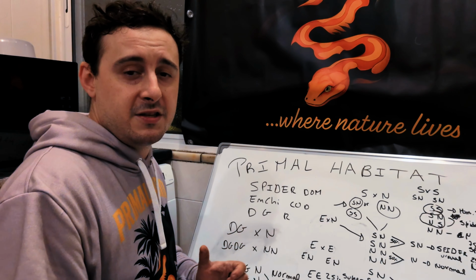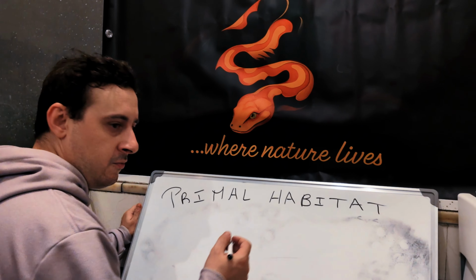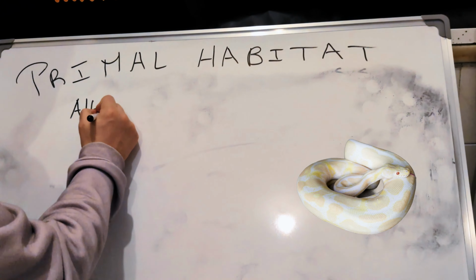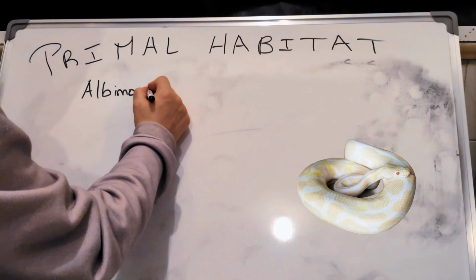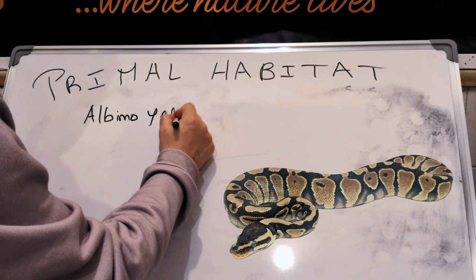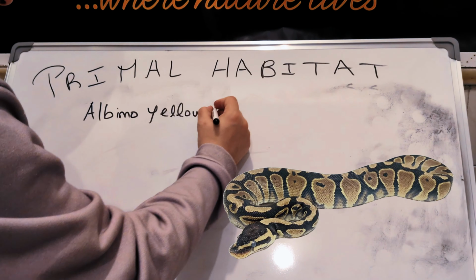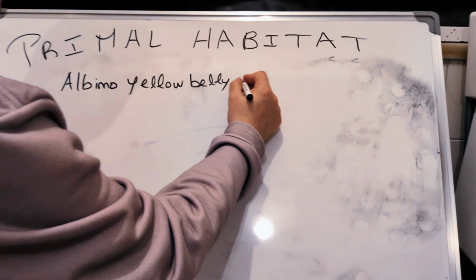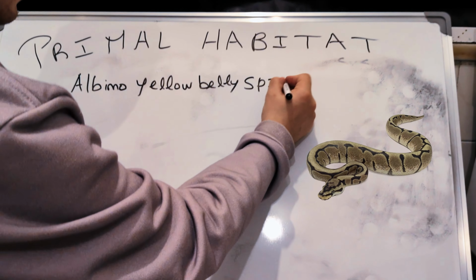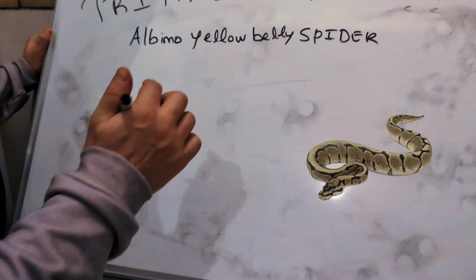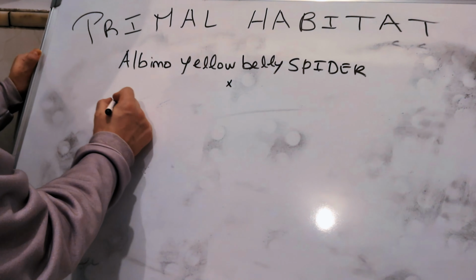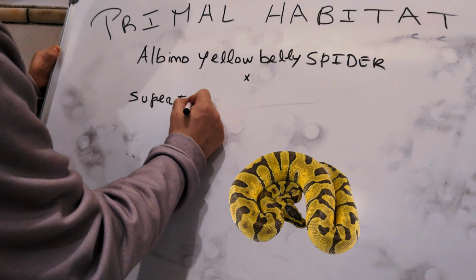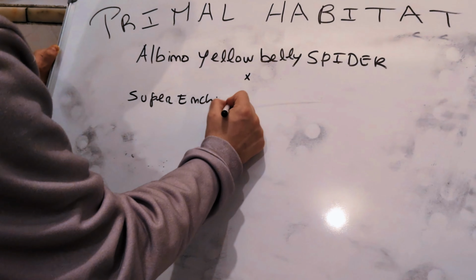So let's imagine I would breed an albino, yellow belly, spider to a super enchi desert ghost.